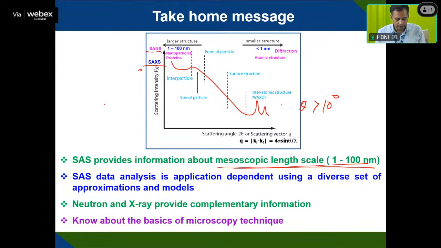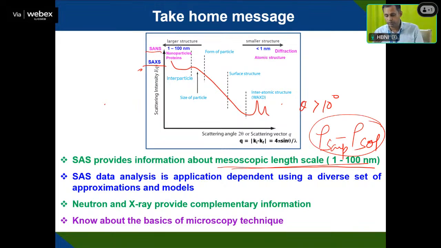Both neutron and X-ray small angle scattering techniques depend upon the contrast, that is rho of sample minus rho of solvent, the difference between these two. Depending upon the variation in the contrast, you can make the invisible visible and identify the structure.